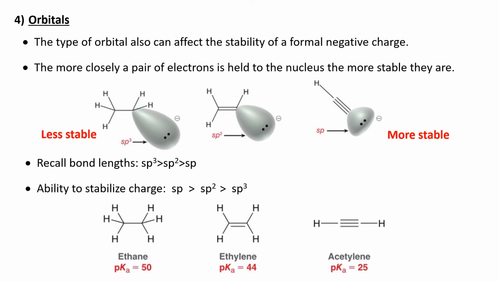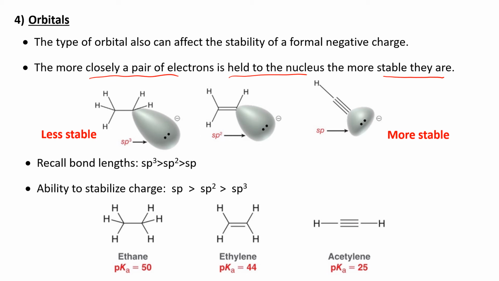The next factor that we consider when qualitatively assessing relative acidity is the type of orbital that the negative formal charge, or the lone pair of electrons, will be in. So the more closely the electrons are held to the nucleus, the more stable they are.